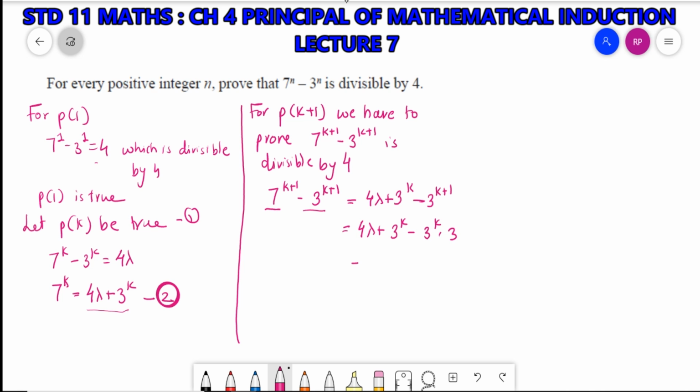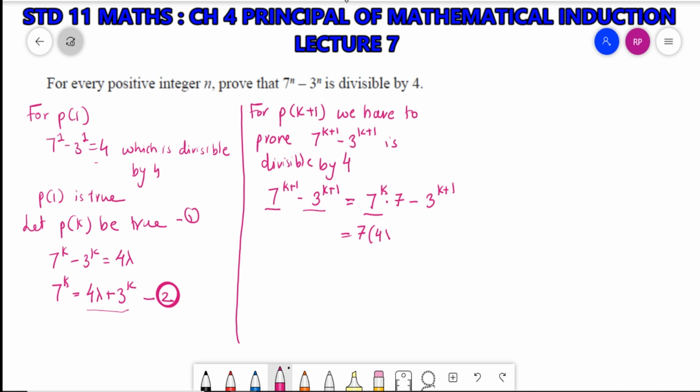So this will, sorry, there is a mistake. Here it's 7 raised to k plus 1, so it will be 7 raised to k into 7 minus 3 raised to k plus 1. Yeah. Now instead of 7 raised to k, I can put 4 lambda plus 3 raised to k.